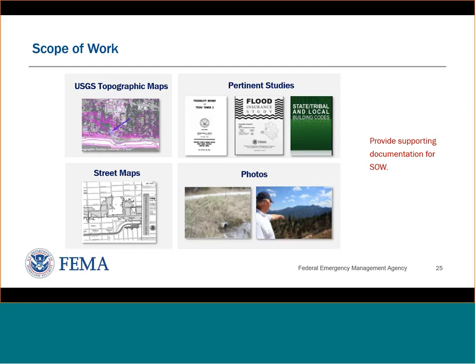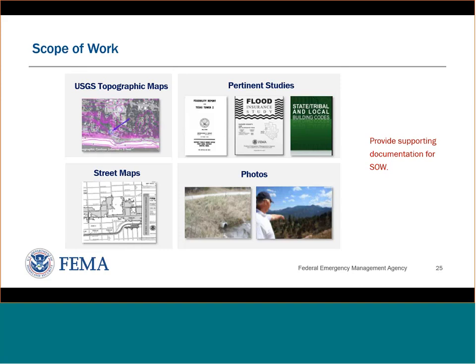Those are great. Any sort of studies that have taken place in your community about the hazards that you're facing and want to mitigate. Maps are very helpful in identifying locations of structures that you want to do some mitigation activity on in terms of where they're at in relation to hazard areas, for example, where they're located in your community and so forth.